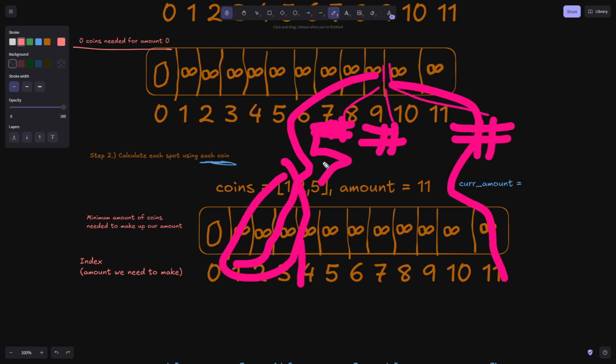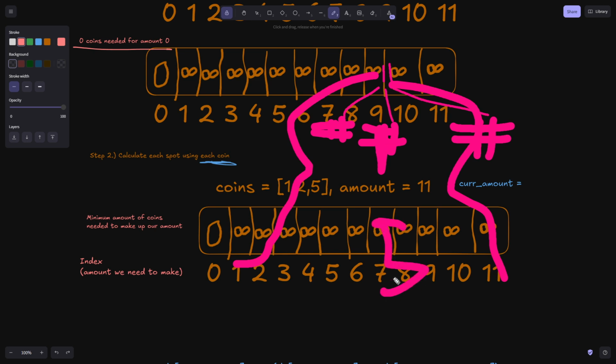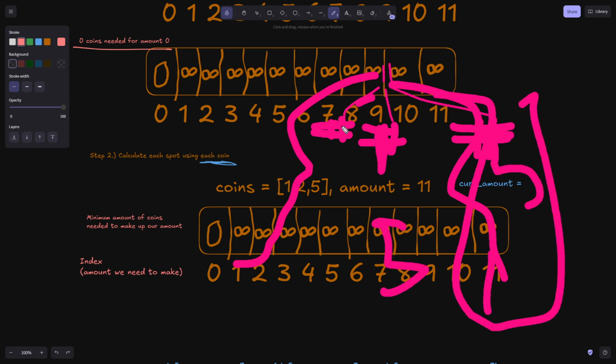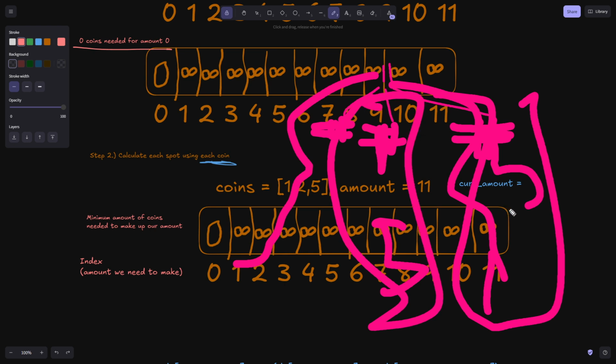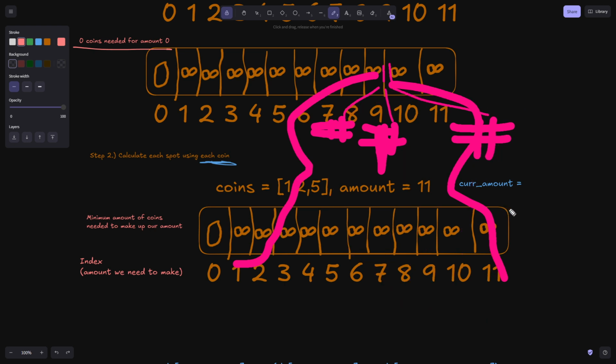Well, sorry, like a 1 and a 5. And then here you do a 5 and a 1. They use the same coins, really. So you wouldn't want to recompute stuff. Or maybe that's not a correct example, actually. Maybe here you would have a 1 and subtract a 5, then here you would have a 1 and a 5. You get the point.